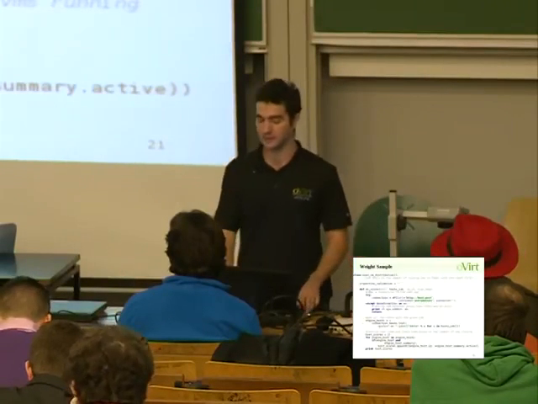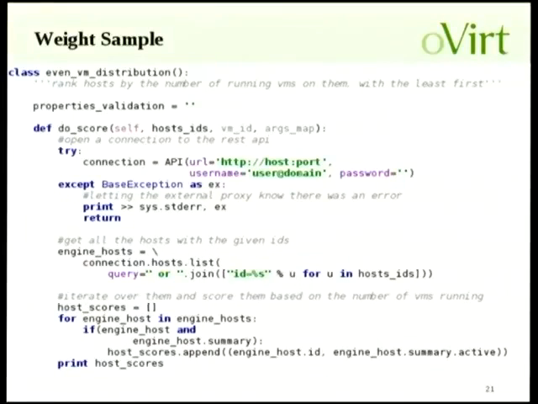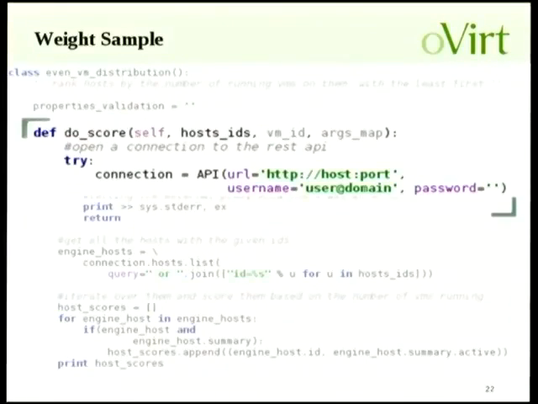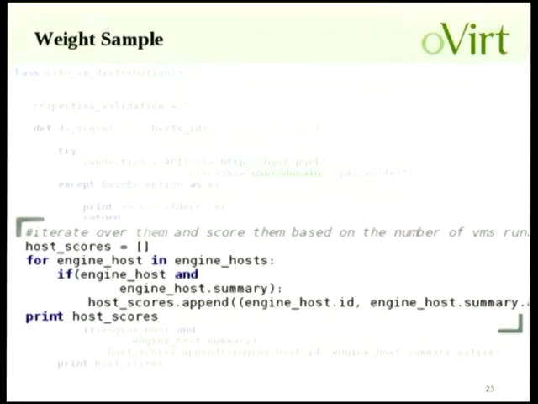Let's see another sample. In this sample, we connect to the server using the Python SDK that we have. This SDK is backward compatible and stable. We connect to the SDK, and then the logic of the weight is basically we iterate over all the hosts, and we append to a list a tuple of the host ID and the weight of that host.